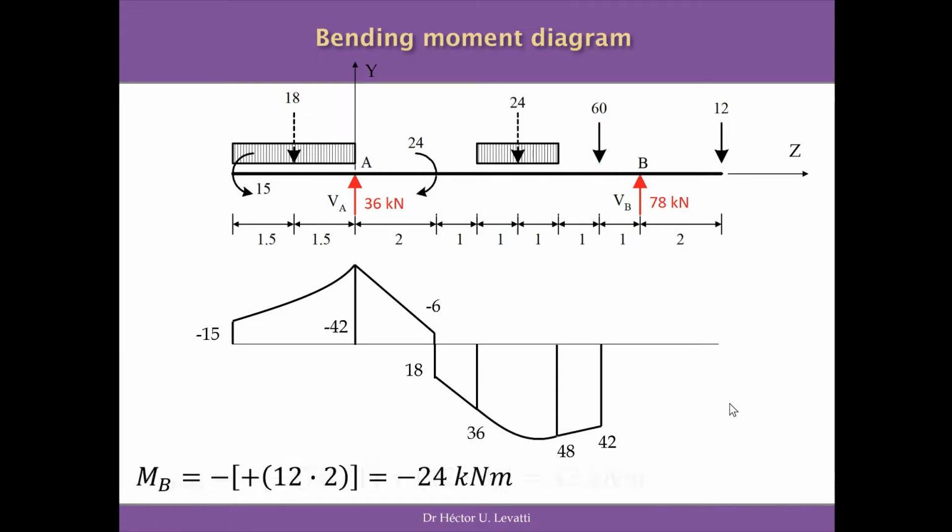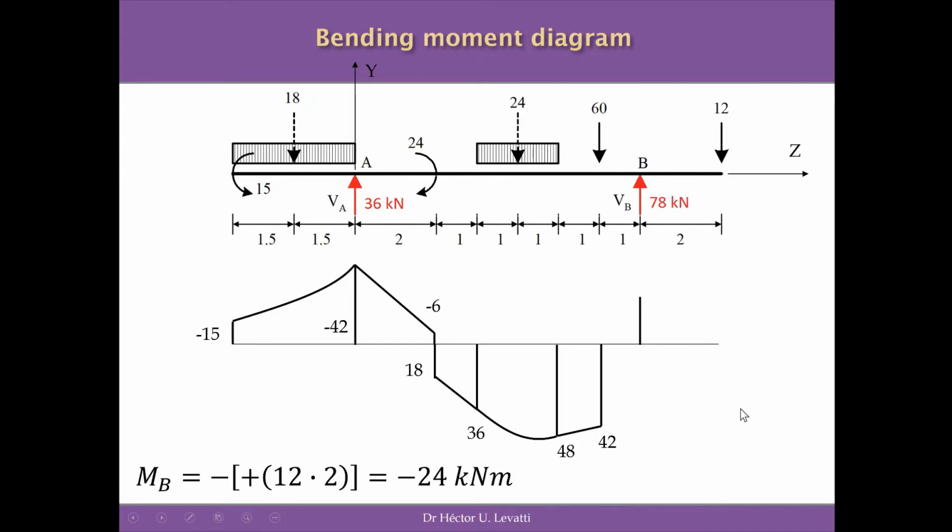The next cross-section to be analyzed is the cross-section B, where we have the roller, and we are going to do the calculation to the right side of the structure because it's simpler. So I start with minus and open bracket, and I have only 12 kilonewtons times 2, which is 24 kilonewtons per meter, but it's negative because it's a negative moment. And we can sketch it in this way as a vertical line on top of the reference line because it's negative.